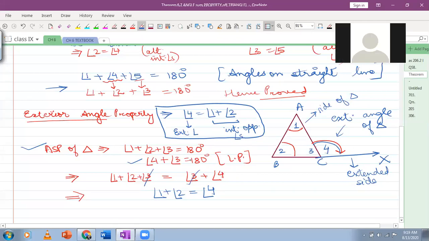Yes, ma'am. And when we combined these two, what did we get? We got this relation, the relation that is between 1 and 2. These are the interior angles, and angle 4, which is the exterior angle.